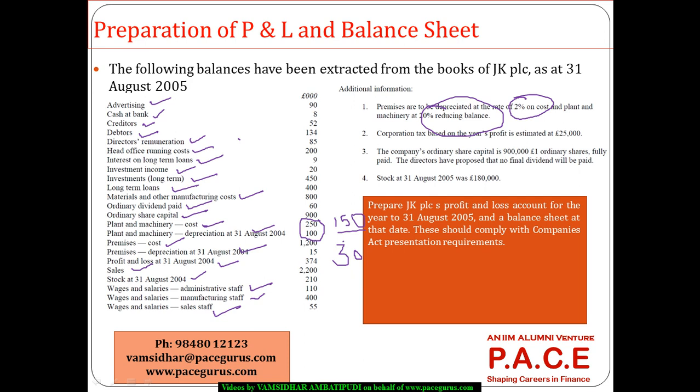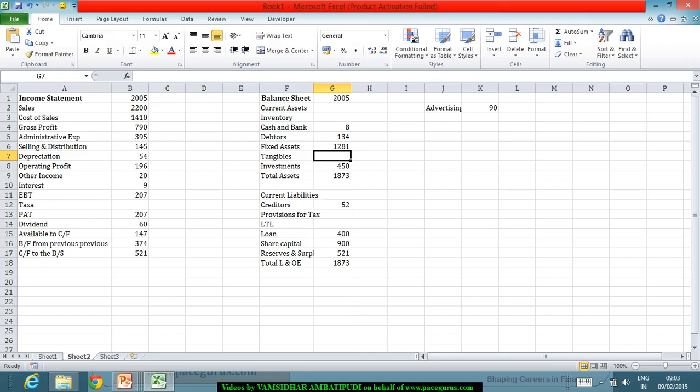Corporate tax based on the year's profit is estimated at 25,000. So I can directly take out the corporate tax. I'm not computing it. It has been estimated directly at 25. So I'll take the corporate tax at 25.